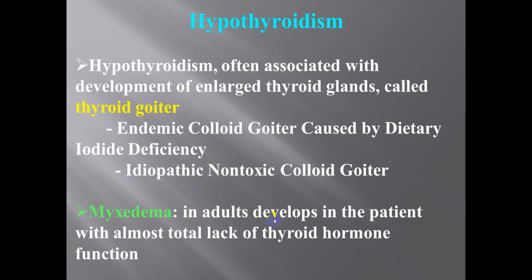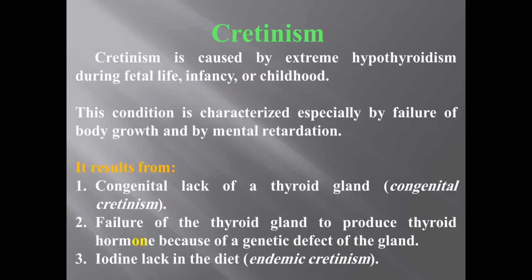Myxedema occurs in adults. It is a type of hypothyroidism, and when it occurs in adults it is called myxedema, and the patient has almost total lack of thyroid hormones. Is that clear? There is completely absent function of this hormone. While cretinism is caused by extreme hypothyroidism during fetal life, infancy and childhood.